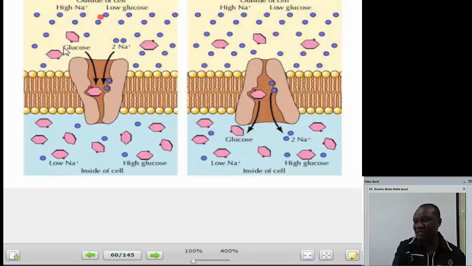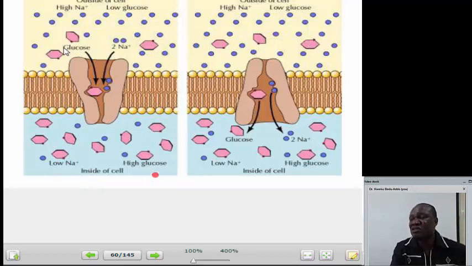This process is a secondary active transport process. Sodium and glucose are being moved from the extracellular fluid compartment into the cell. Now, we know that in the extracellular fluid, sodium concentration is much higher than in the cell, that is in the cytoplasm.